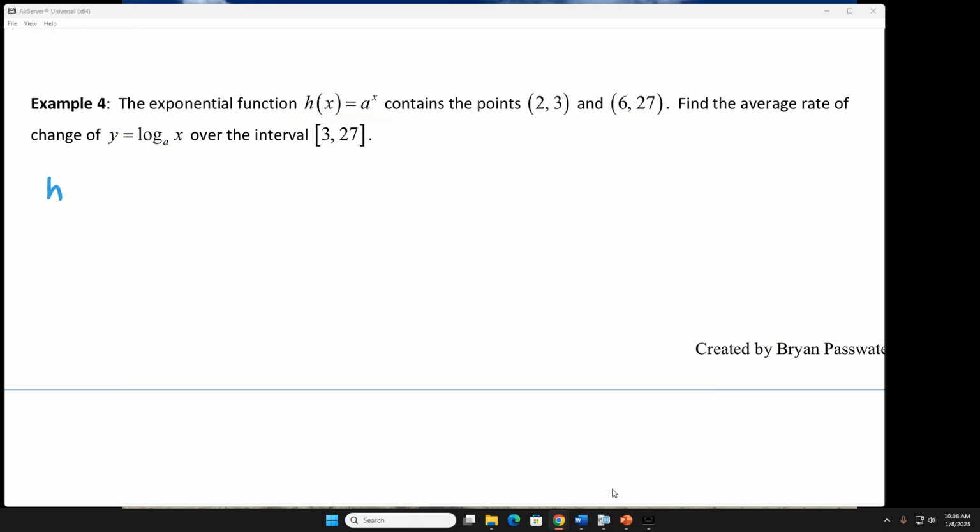So this is the inverse of h. So what 2 points do we know are on h inverse? (3, 2), and (27, 6).